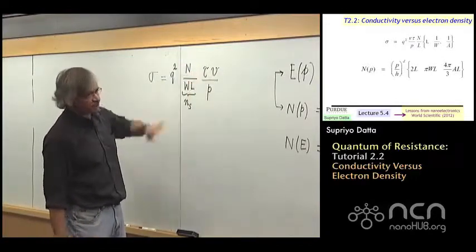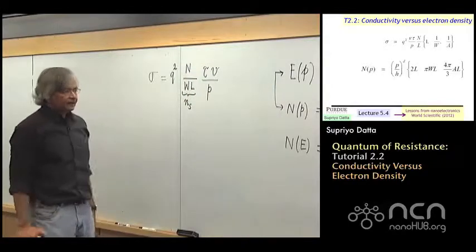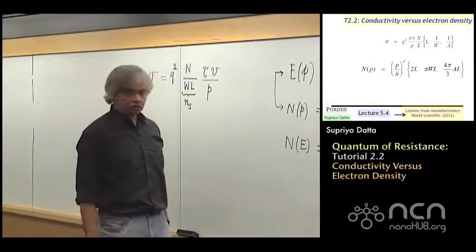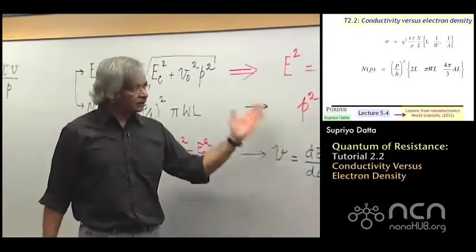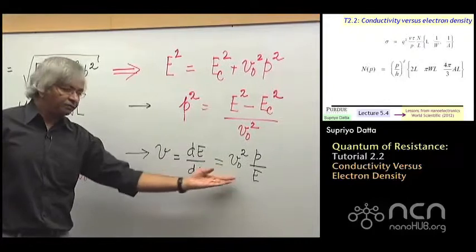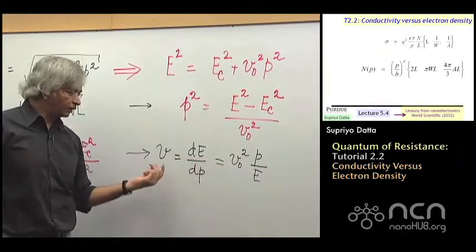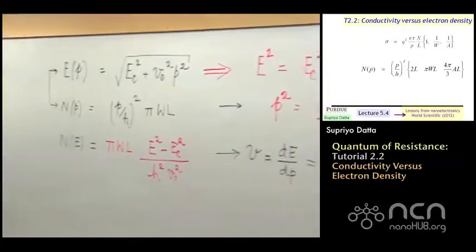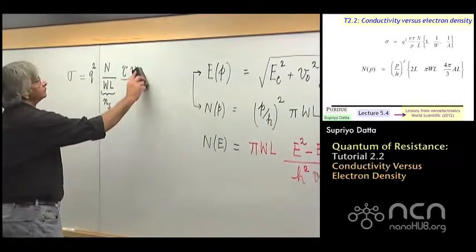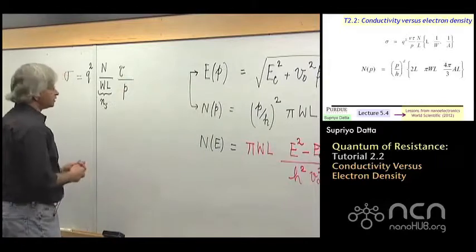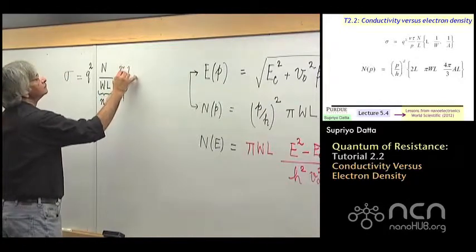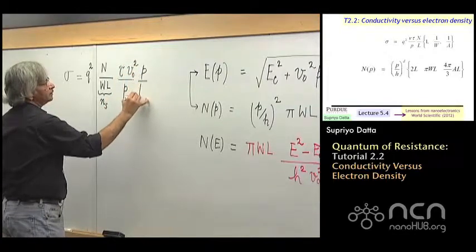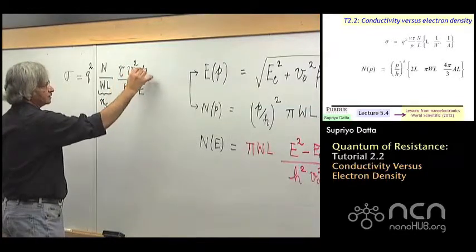So we'll start from this expression, and the next step is that for V, I'll use whatever we had obtained in tutorial 2.1 for this energy momentum relation. Namely, V itself is like V0 square P over E. So instead of V, I put V0 square P divided by E. And the P cancels.